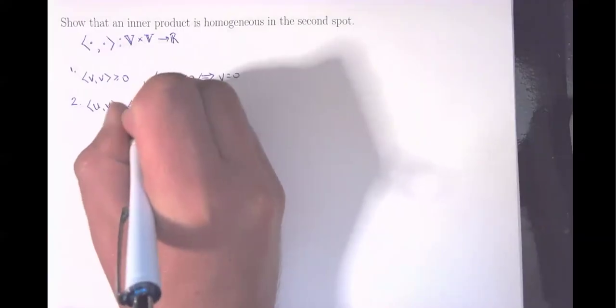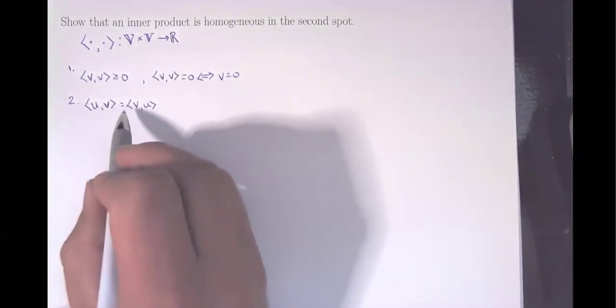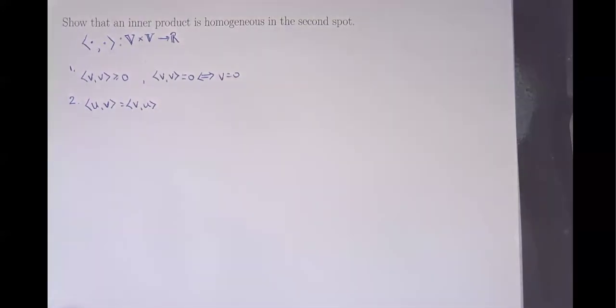Okay, so it would be the inner product of U, V equals the conjugate of the inner product of V, U. But of course, the conjugate of a real number is itself.